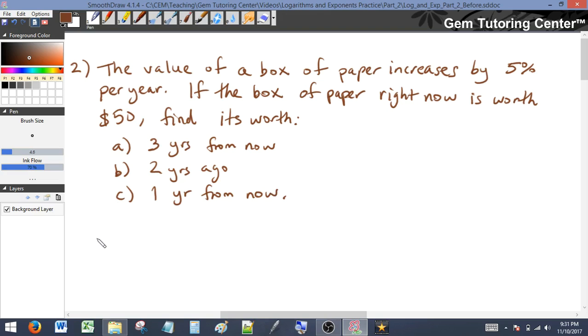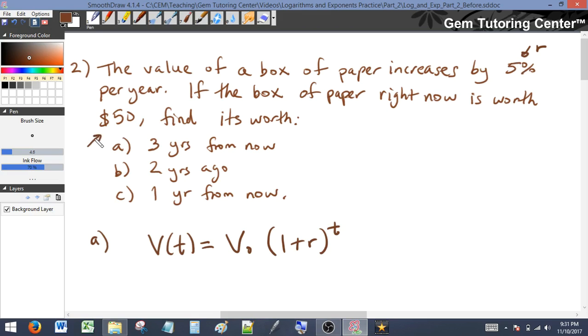We're using the same function as we had before. Let's do part A. The same function, which is v of t equals v sub 0 times 1 plus r to the t. So what they're telling us here is r. This is r, the annual rate of increase, or annual rate of change.